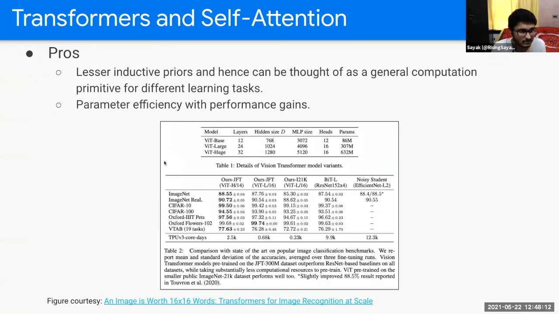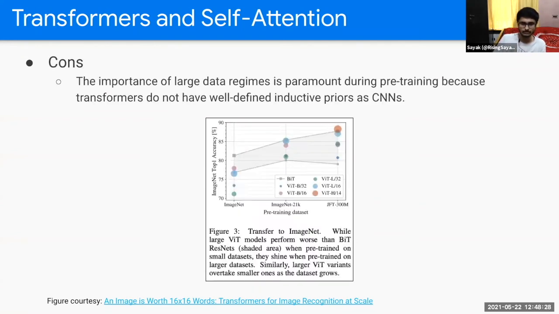And in the figure, we are able to see that with fewer parameters and by virtue of self-attention, it's able to compare with state of the art convolutional neural networks. So this is a big gain in my opinion. But there are cons as well. Large data regimes are paramount when training these transformer models, because transformers do not have well-defined inductive priors like convolutions, right?